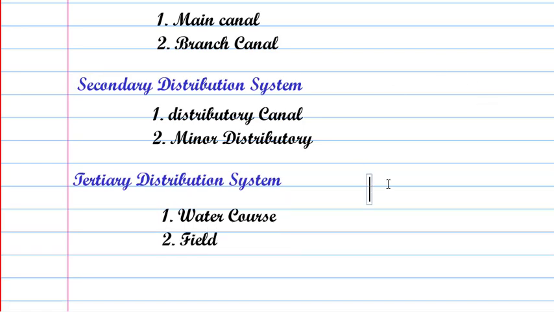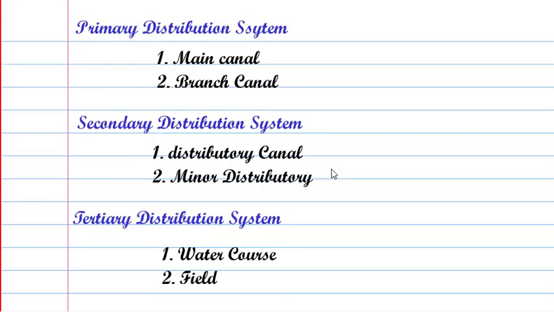Got it? So these are the three important components of the water distribution system in any irrigation system.